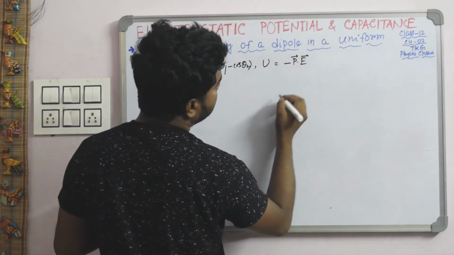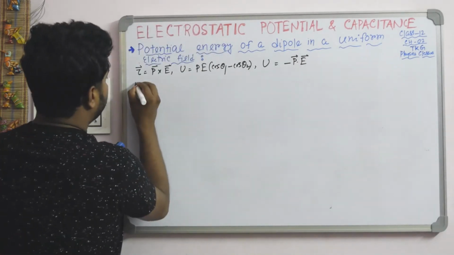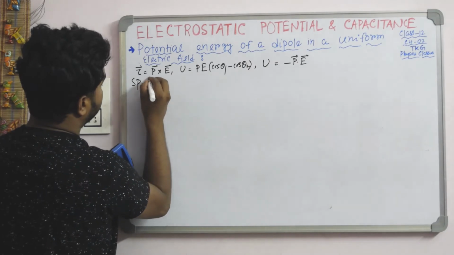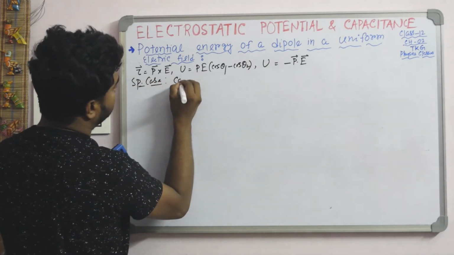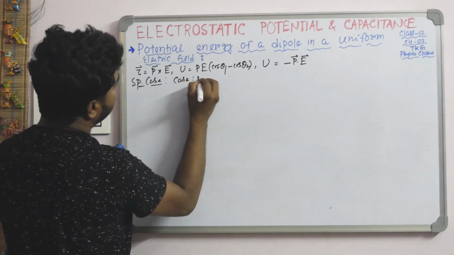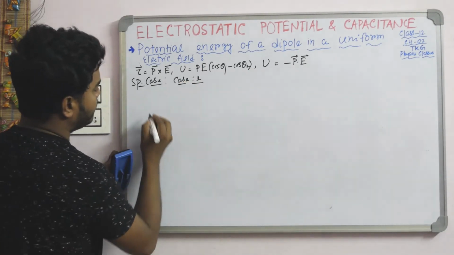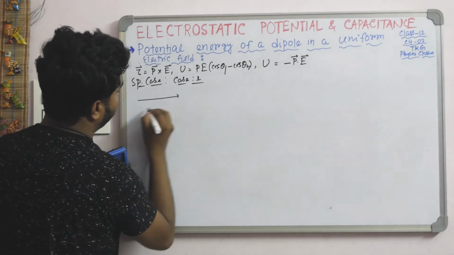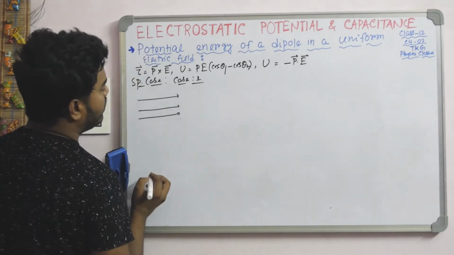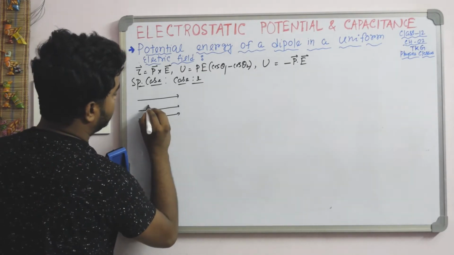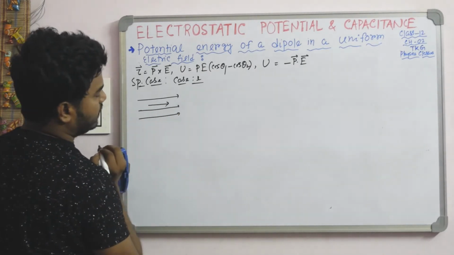Clear? Okay. Now special case number 1. Suppose this is the direction of the uniform electric field and the dipole is placed like that.